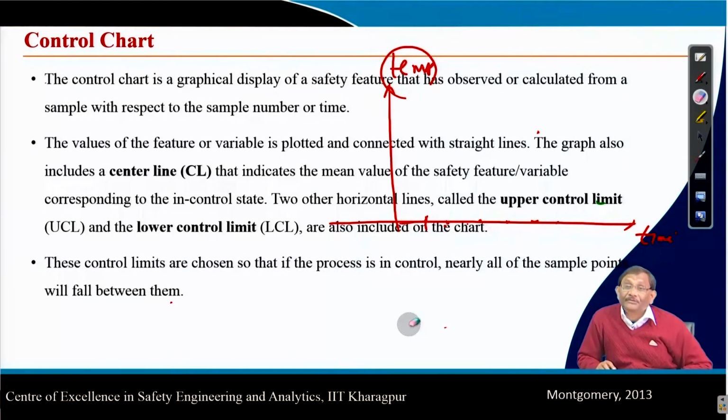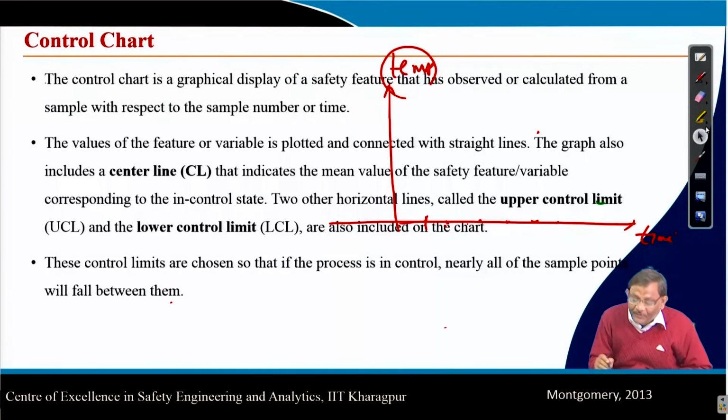Once you create these limits for a particular process or system, and after that you see what is happening in the run chart, then you will find interesting phenomena. I will discuss those in the next 2-3 slides.